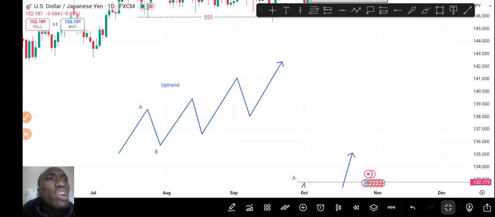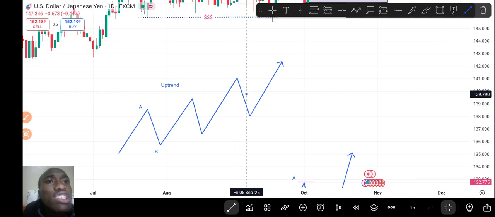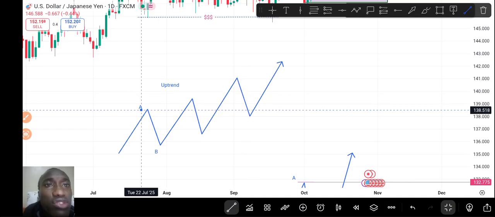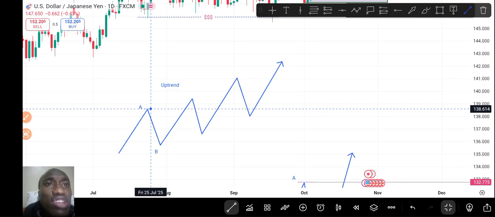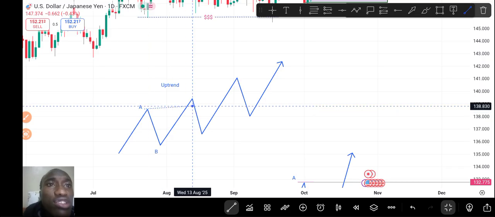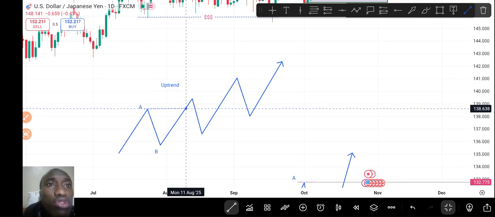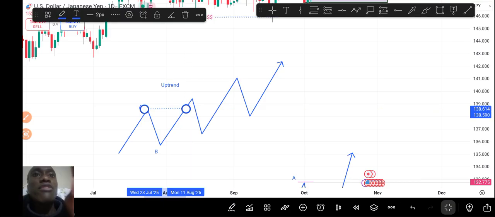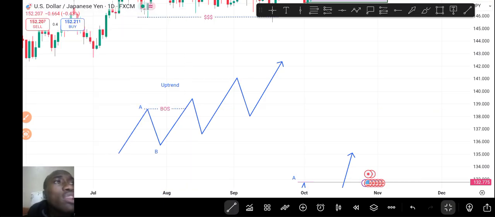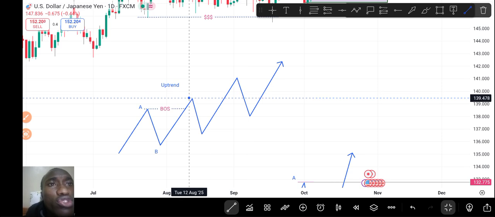As the price is going up, it is breaking structures here. As you can see, this structure, this point A, this higher high is broken to the upside, and now we have created a break of structure to the upside.